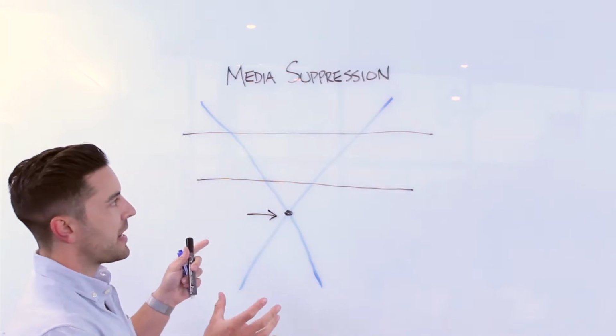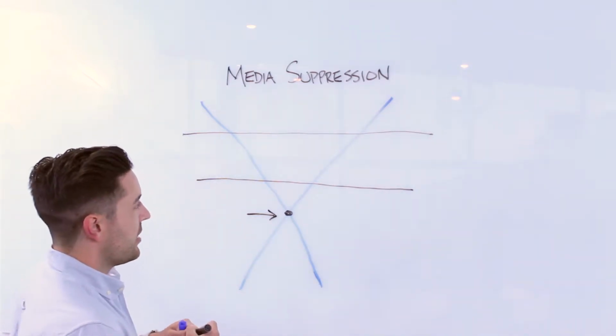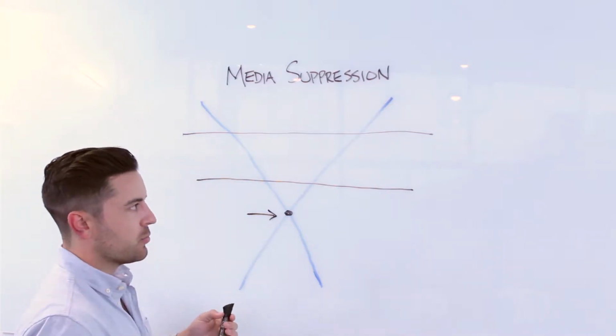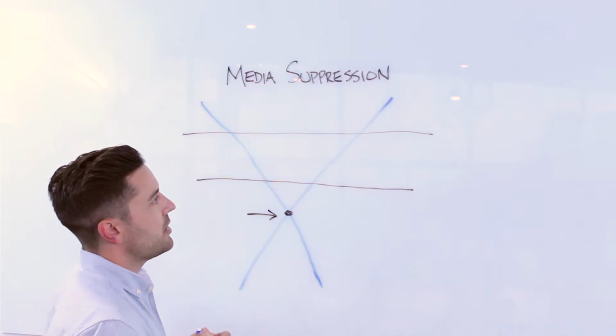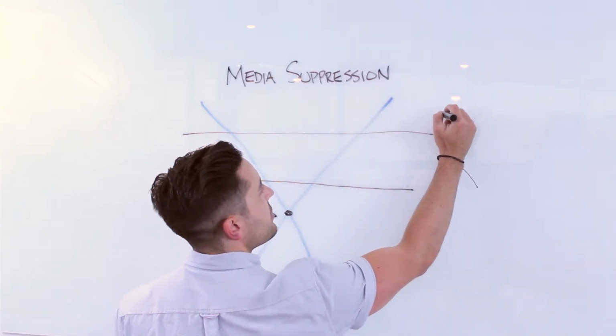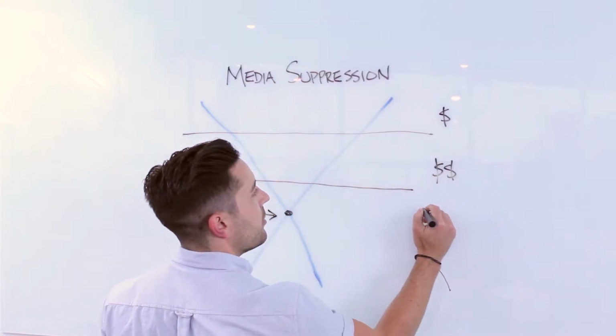So from this perspective, and this isn't anything crazy or inventive, you want to align these segments with the amount of money that you're spending on those users, right? So over here, let's denote this.